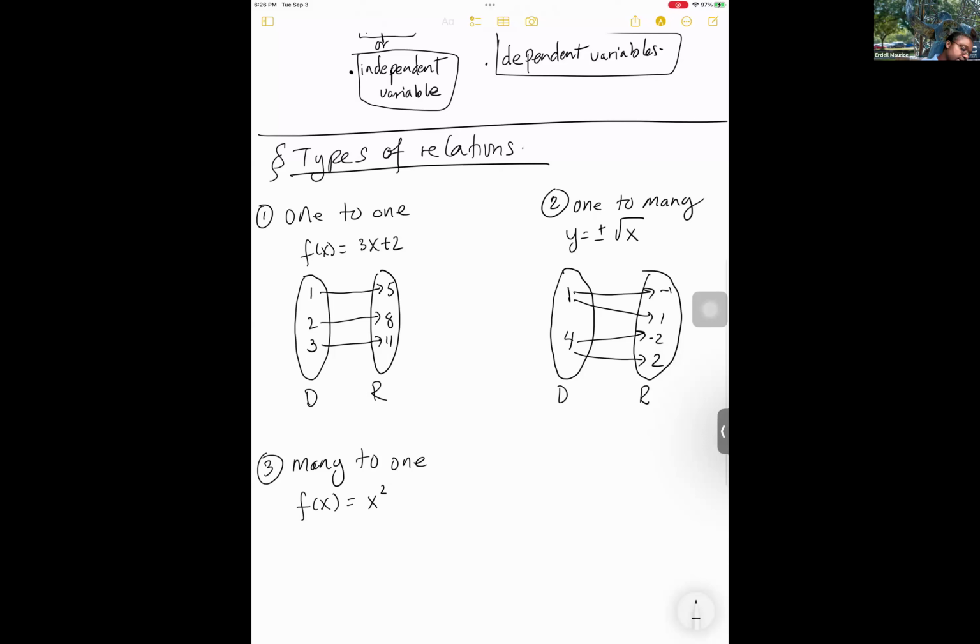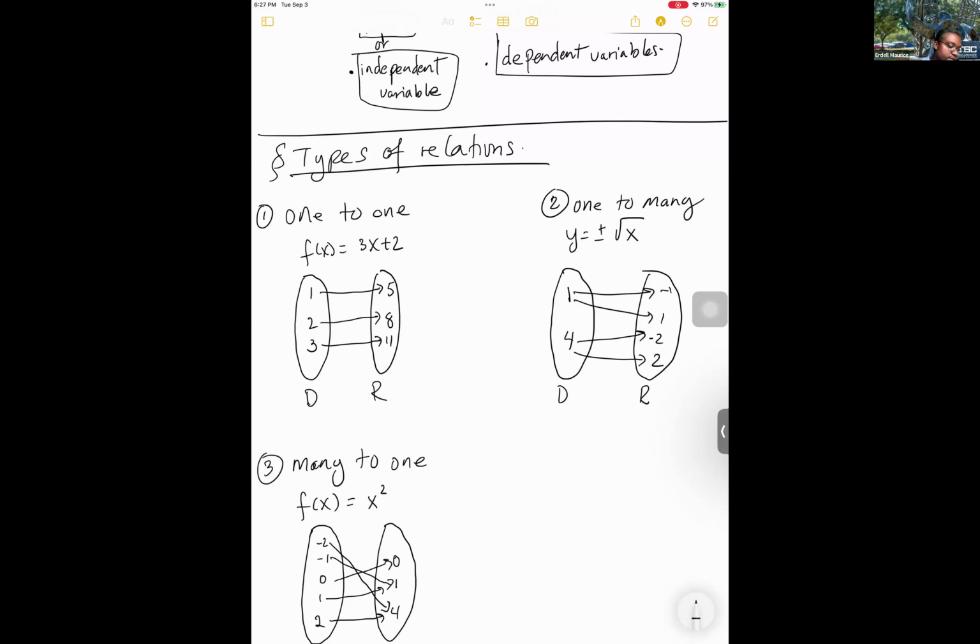In a many-to-one relation, many values in the domain get mapped onto one value in the range. -2 squared is 4. 2 squared is 4. So many values right here are being mapped onto one value. -1 squared is 1. And 1 squared is 1. Of course, 0 squared is just 0.